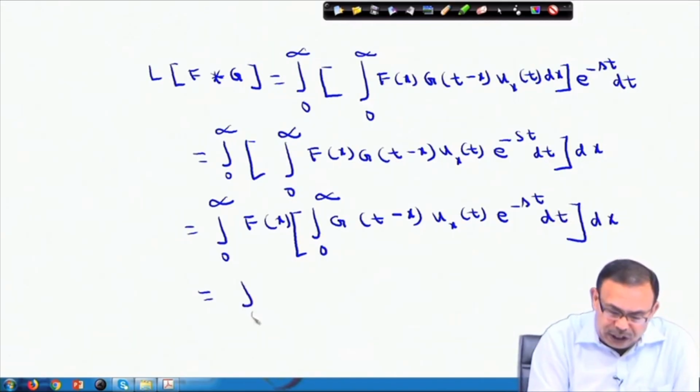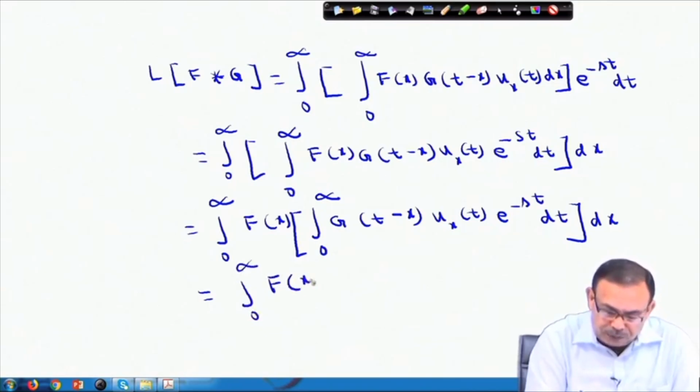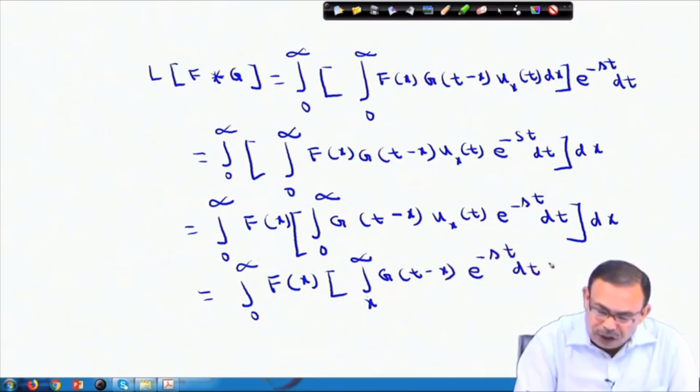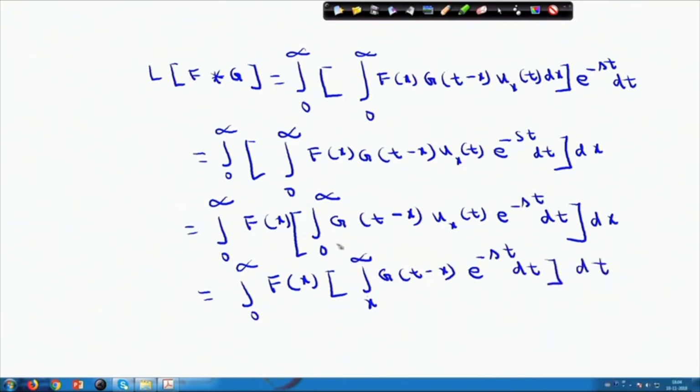And this equals, again I can write, 0 to infinity f(x) times the integral from x to infinity of g(t minus x) e^(-st) dt, into dx. Why can I write this?